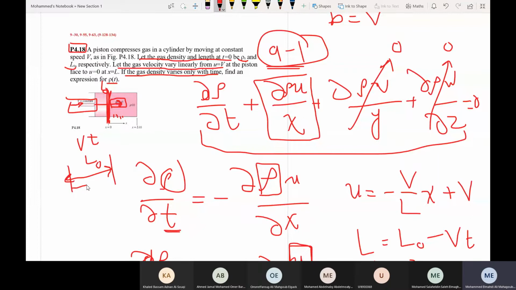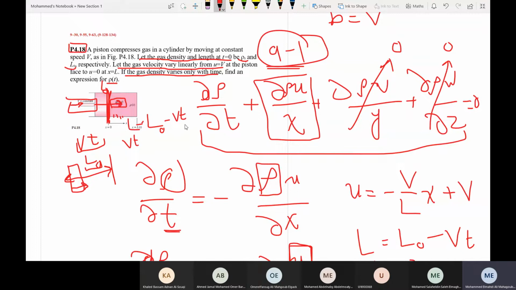Then as the piston moves with constant velocity, L naught will decrease. What is the factor of the decreasing of L naught? It is Vt, the distance that the piston travels. So L naught minus Vt, this equation represents the length.